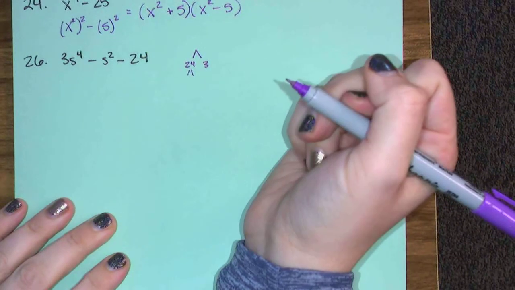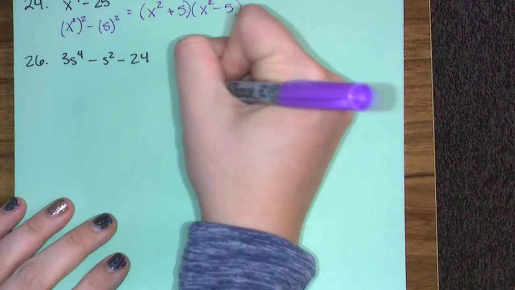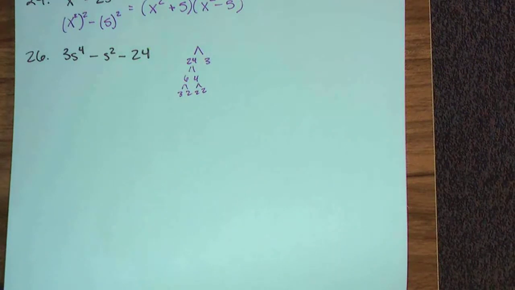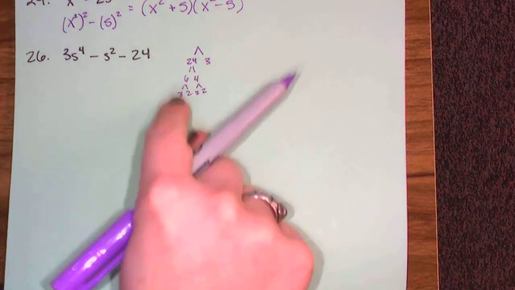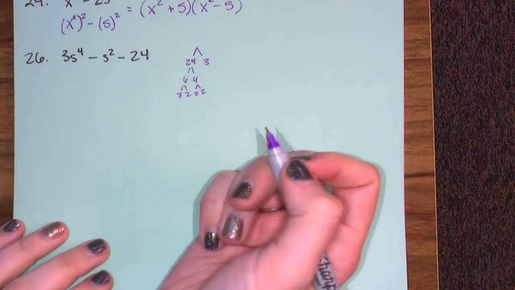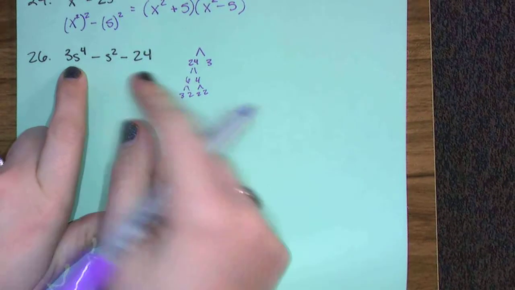What does 24 factor into? 6 and 4. 3 and 2. 2 and 2. So I need combinations of, I have 3 2s and 2 3s. 2 gives me negative 1. Okay, 9 and 8. Which one's negative? Negative 9, positive 8. I'm going to put the 9 with the 3 and then the 8 with the 24.